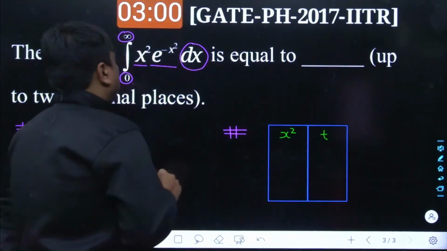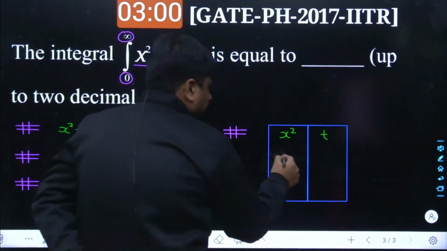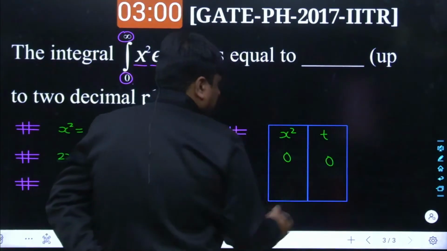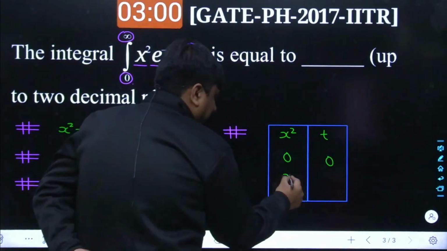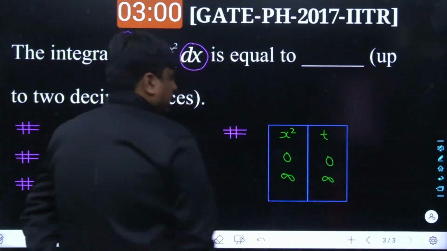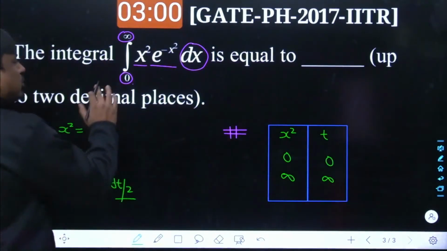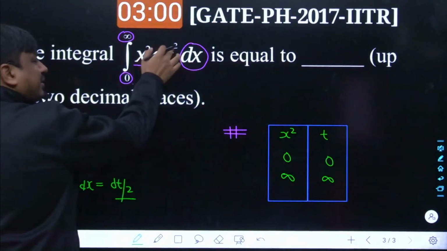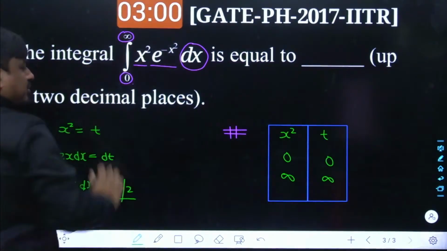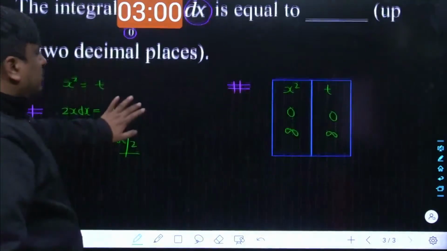If we focus on the lower limit of x, that is 0. So when 0 is fed in x square, obviously t is also 0. And when x is infinity, x square which is making it t would also be infinity. So as such, the limits would not change. e to the power of minus x square would become e to the power of minus t. dx would become dt, and the limit is not going to change over here.